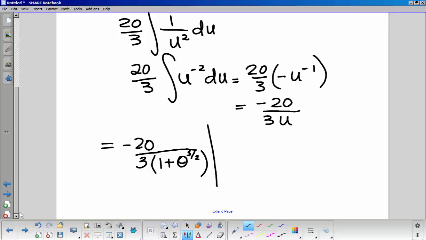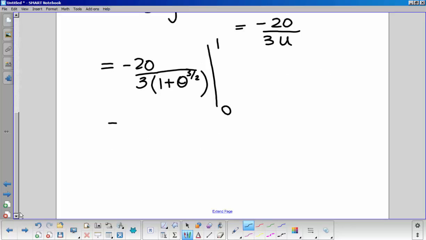evaluated between 0 and 1. So let's plug the 1 in and we get negative 20 over 6. Now what happens when we plug in 0?